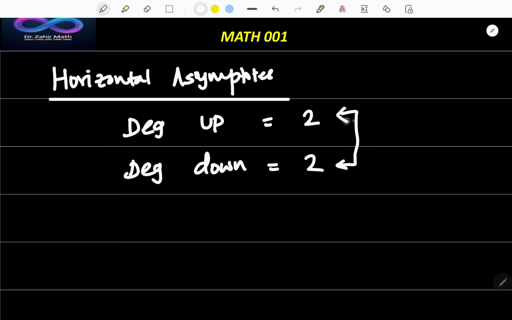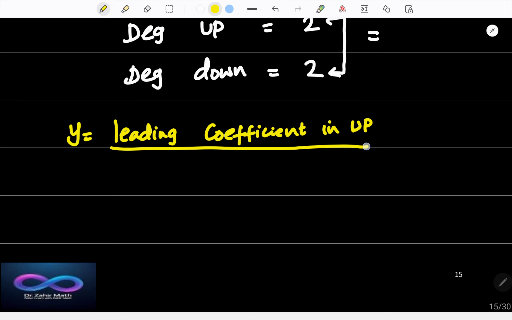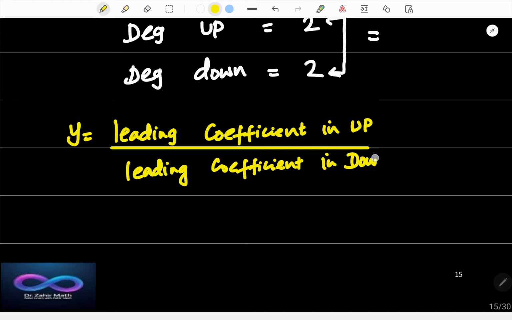So this is equal. When it is equal, you have to look into the rule. What is the rule? The rule is y is equal to the leading coefficient in the numerator, that is in the up, divided by the leading coefficient in the denominator, the leading coefficient in the down.